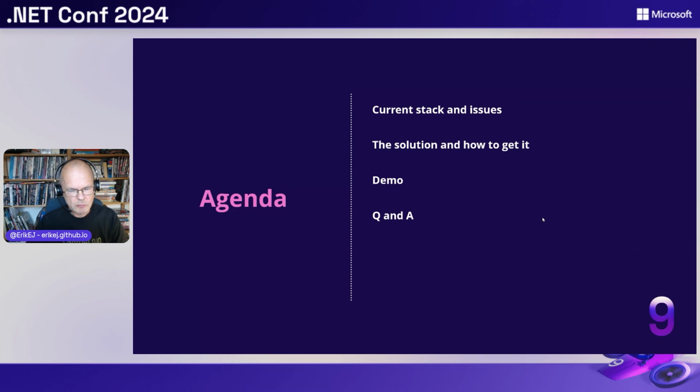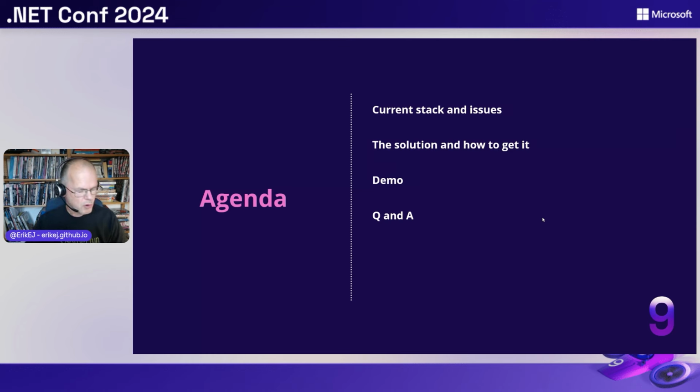So what are we going to talk about today? What is the current stack and what are the issues with those for you that are stuck on .NET Framework 4 point something and using Entity Framework 6? What is the solution that I have helped Microsoft create and how do I get it?